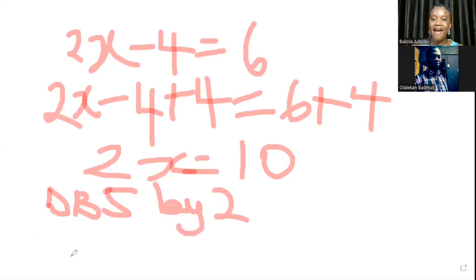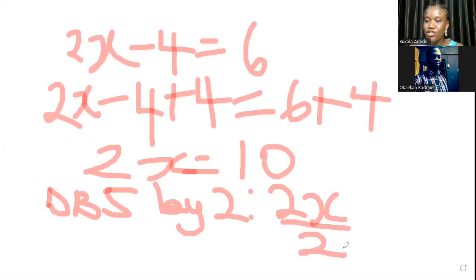So what do we have? When you divide both sides by 2, we have 2x over 2. Don't forget you're dividing. Whatever you do to the left-hand side, you do to the right-hand side, which will give us 10 over 2.